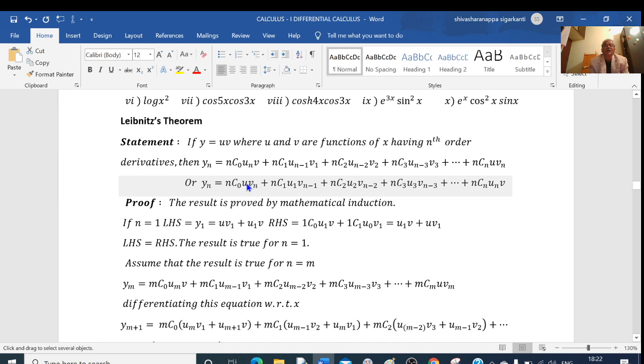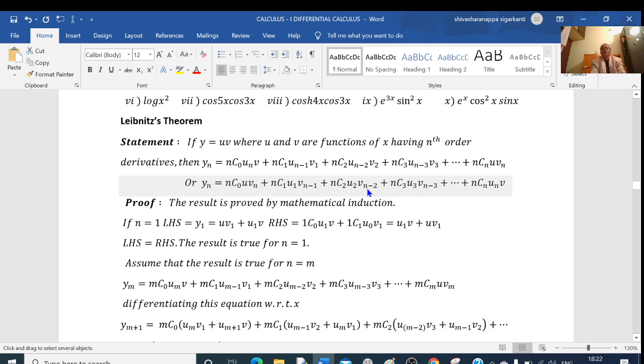The derivative of u is increasing, the derivative of v is decreasing. In the next term, NC1, I am differentiating u once, getting u1, and taking 1 less derivative of v. Plus next write NC2. Differentiate u1, I am getting u2 and 1 less derivative vn minus 2.